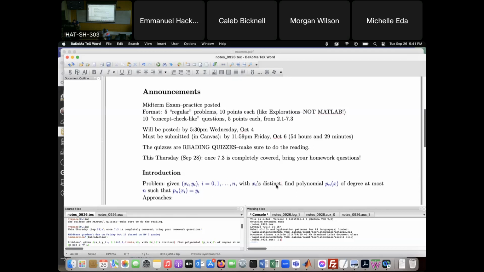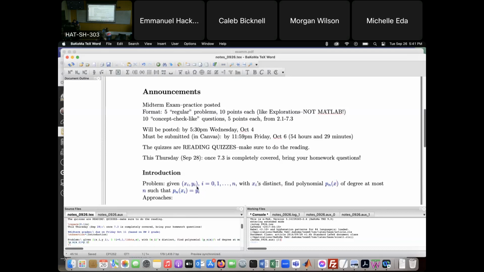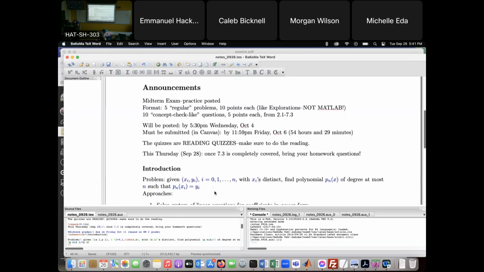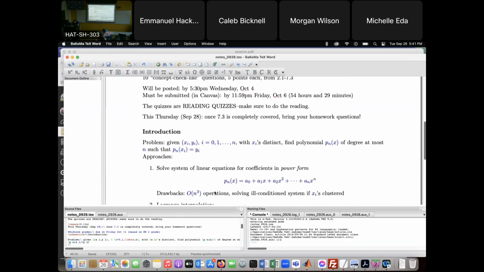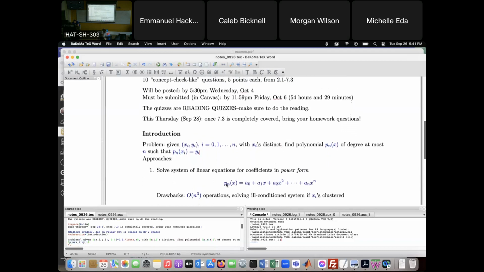We're trying to find a polynomial P_n of x, of degree at most n, that satisfies these conditions: you plug in each x value to get the corresponding y value. That's our generic polynomial interpolation problem. Just to recap the approaches so far: first, we obtain the polynomial in power form, the most customary way of representing a polynomial, with coefficients times powers of x.